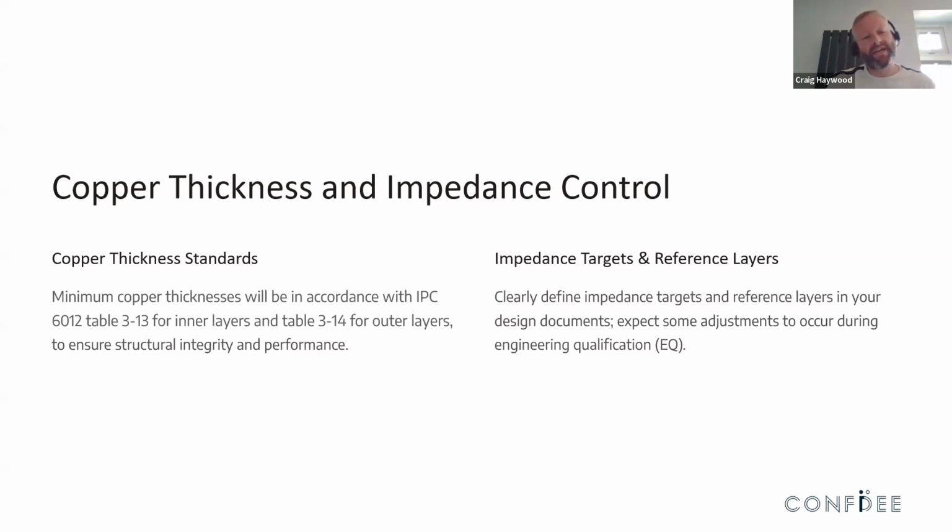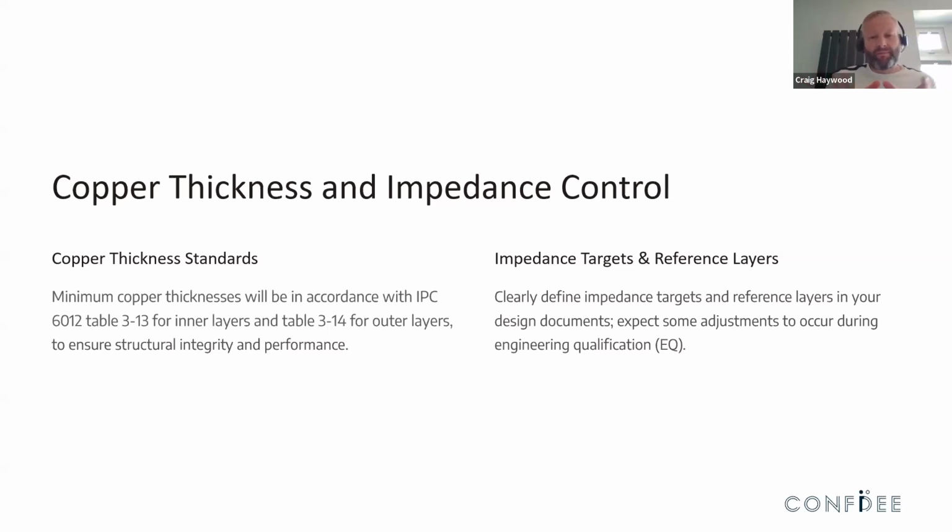Again, that takes us to copper thickness standards as well, because the copper thickness on the inner and outer layers will have an effect on what the impedance control will be. They will work to IPC standards. If you specify a 35 micron copper thickness on the outer layers, it is actually allowed under IPC 6012 to be reduced to 29.1 micron.